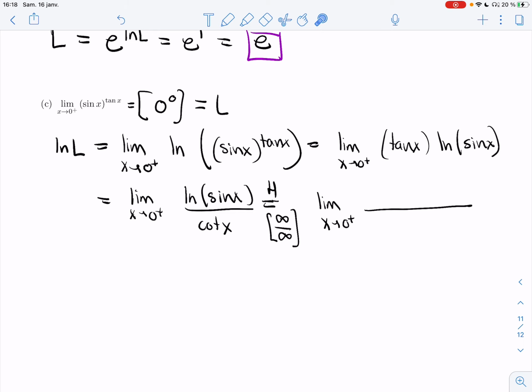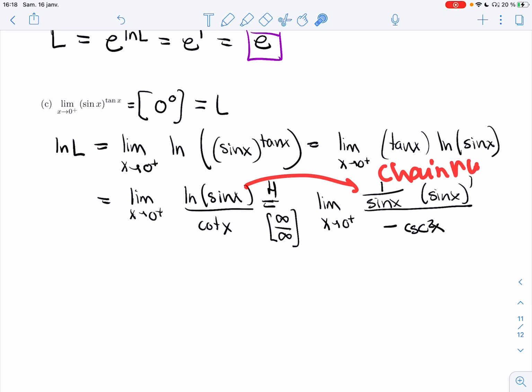So every time you add a co, you put co's everywhere, and then you have an extra minus. So this one is minus cosecant squared of x. And then the derivative of ln of sine is 1 over sine times the derivative of sine. Again, this one, chain rule.